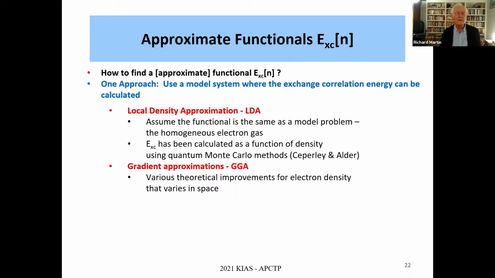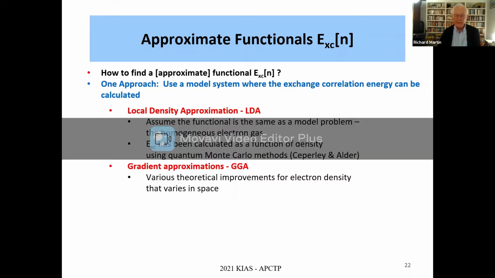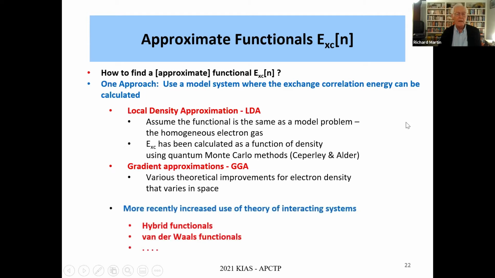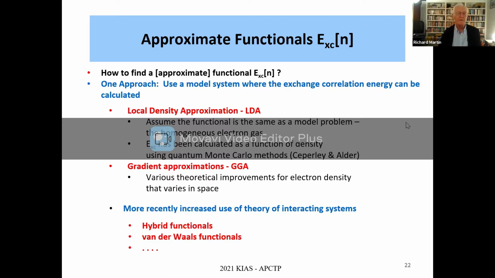You're testing the approximation because everything else in the problem is known. Then there are better improvements that take into account that the density of the system you're actually working on is not uniform, including the generalized gradient approximations, and many other developments that we'll come back to later, including hybrid functionals and Van der Waals functionals, etc.